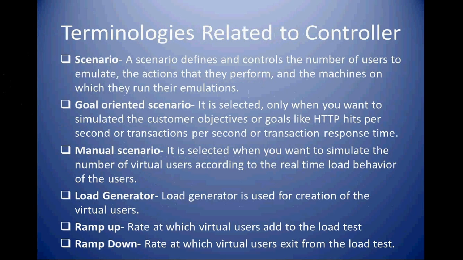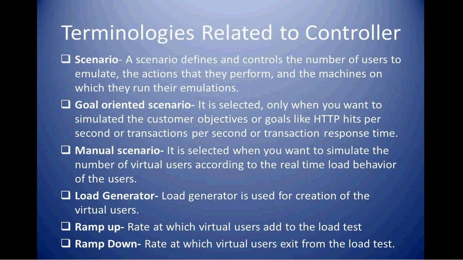The goal-oriented scenario is selected only when we want to simulate customer objectives or goals such as hits per second, transactions per second or response time. Manual scenario is selected only when we want to simulate the number of virtual users according to real-time load behavior of users.